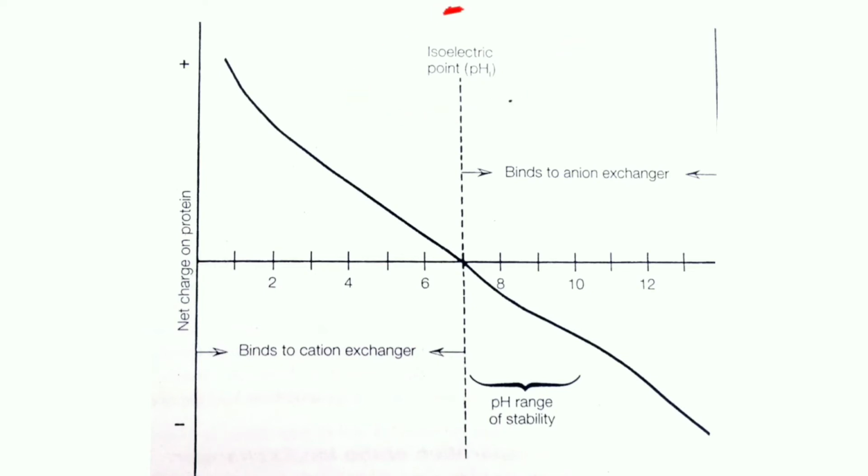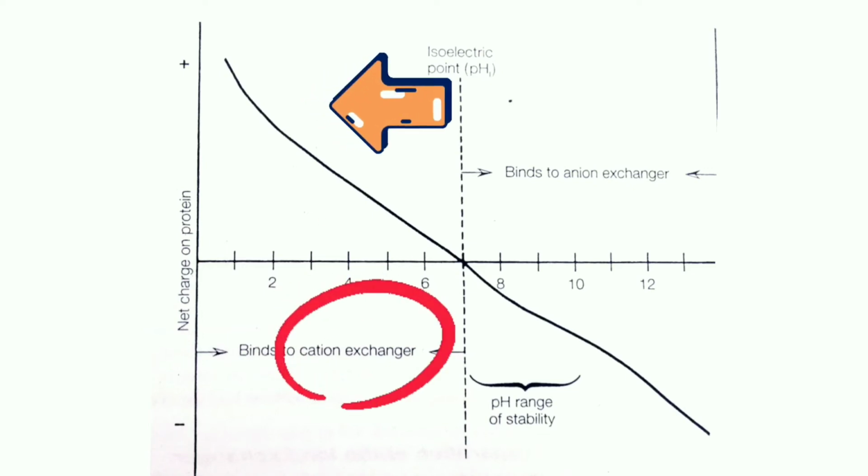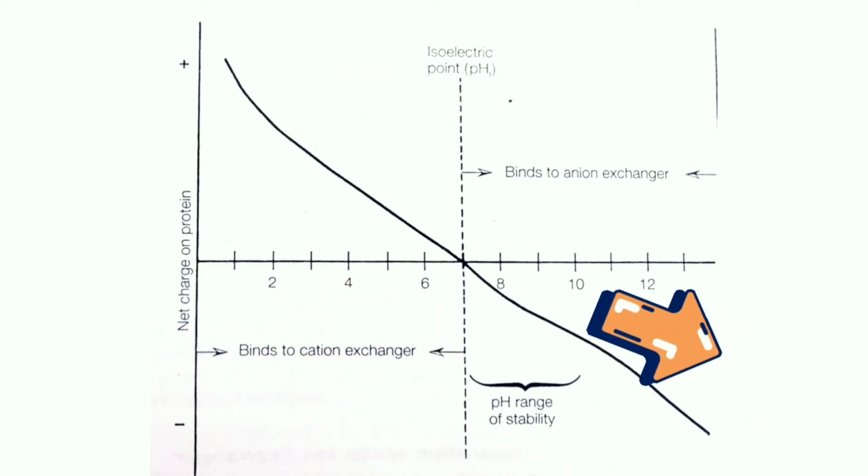The figure shows how the net charge of a hypothetical protein changes as a function of pH. Below the isoelectric point, the molecule has a net positive charge and would be bound to a cation exchanger. Above the isoelectric point, the net charge is negative and the protein would bind to an anion exchanger.